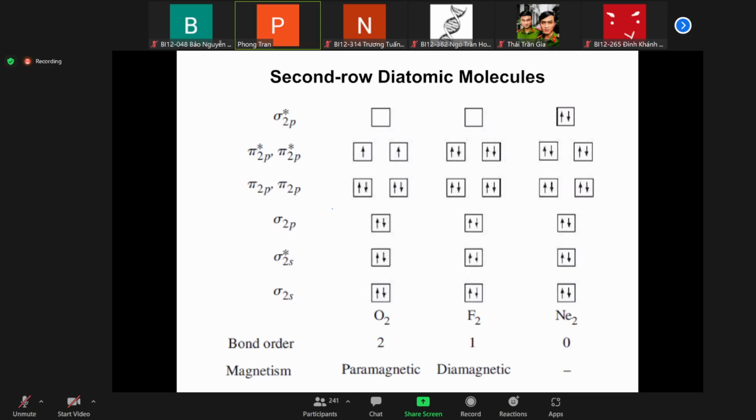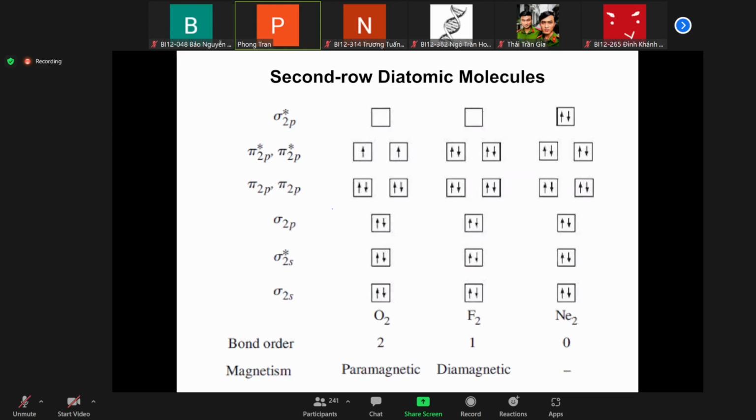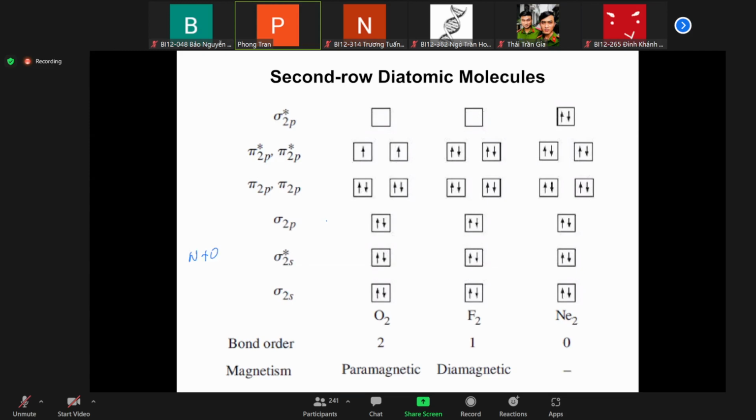They are both stable. That means there's no reaction between nitrogen and oxygen in the atmosphere. But when you have a storm, when you have lightning, then the reaction can happen and become NO, NO2, and so on.